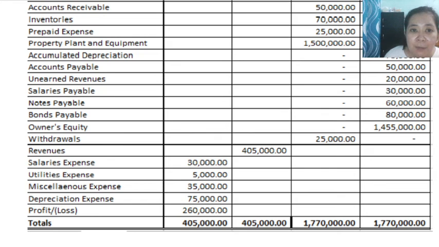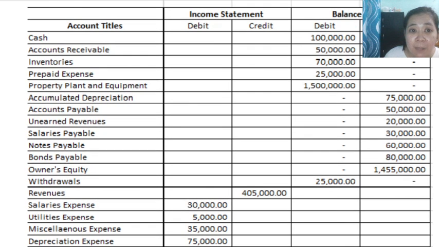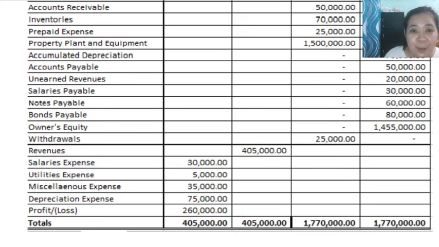For example, if our revenue is less than our expenses, meaning there is more expense than revenue, the difference will be reflected on the credit side. The credit side pertains to a loss, because we have to add a number so that it equals the debit side. That's the reason why the difference is placed on this side. Please take note of that.